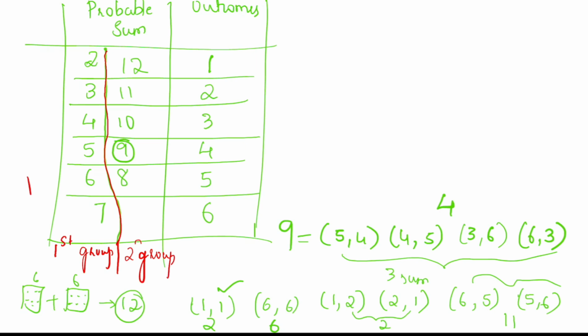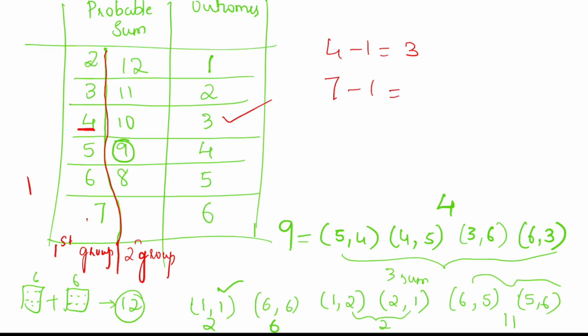Now for example, to get sum 4, how many outcomes are there? If I want sum as 4, deduct 1 from this. 4 minus 1 is 3. So 3 outcomes we will get for sum 4. Similarly, if I want sum as 7, 7 minus 1 is 6. In the first group, any number minus 1 you should do.